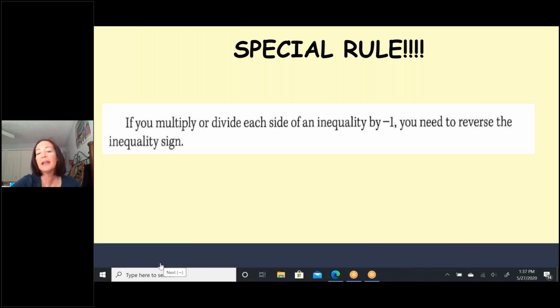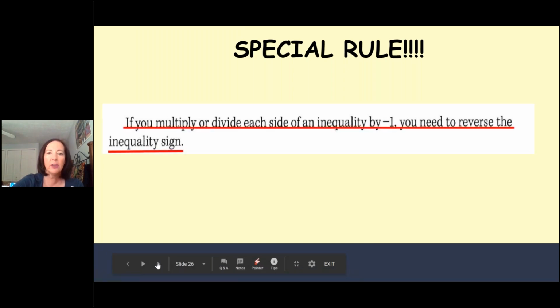When I went back and I was teaching math, I had to go back and relearn this. Danielle, I'm impressed that you actually remembered there was some kind of a rule, but I didn't remember when to do it though. Multiplying or dividing by a negative is when you're going to flip that sign.